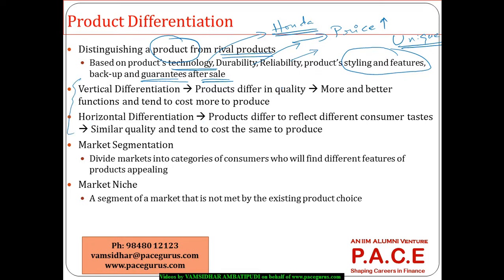Now, this is where we talk about two major forms of differentiation, one being the vertical, the other the horizontal. Whenever we talk about a vertical differentiation, the differentiation is purely on the grounds of quality. I differentiate two products purely: this is a local made, this is a branded. And in the branded, we talk about a few elements which add more and more quality to the product.